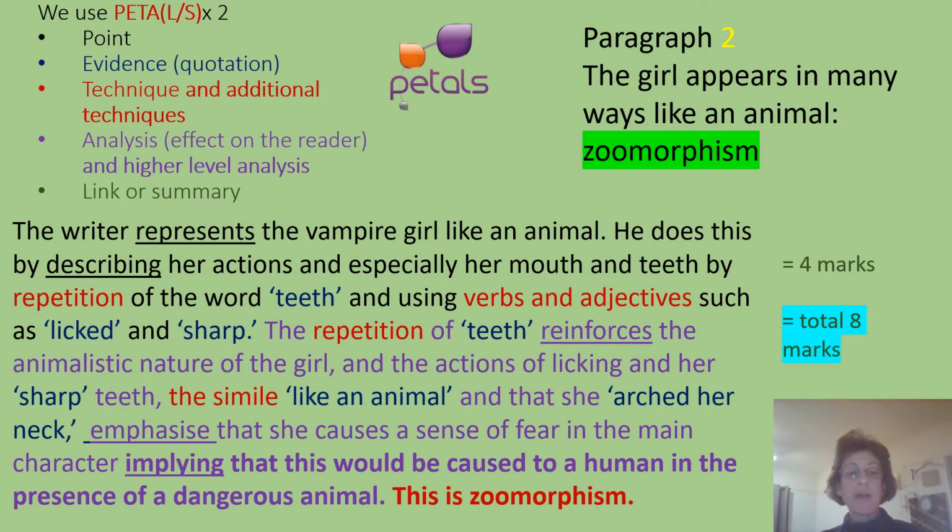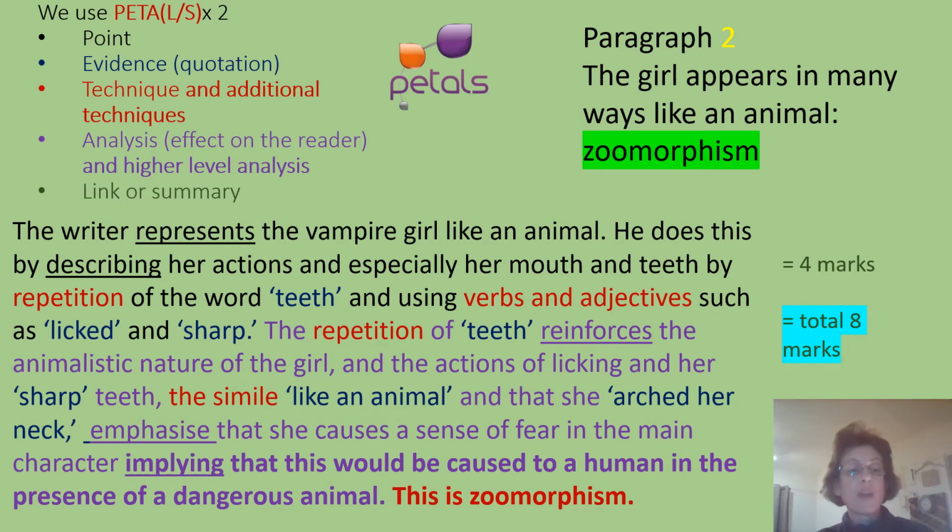This was the second paragraph, addressing the issue of the girl appearing like an animal, and I'll read it to you. The point, evidence, technique and analysis are all labelled, and there is a key at the top of the page showing the structure of how to do this question, and all of the text is colour coded to match that.